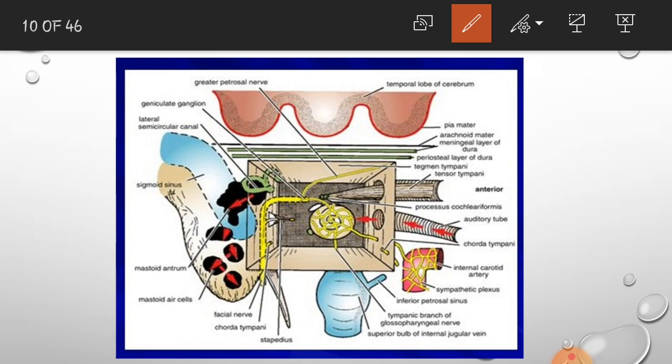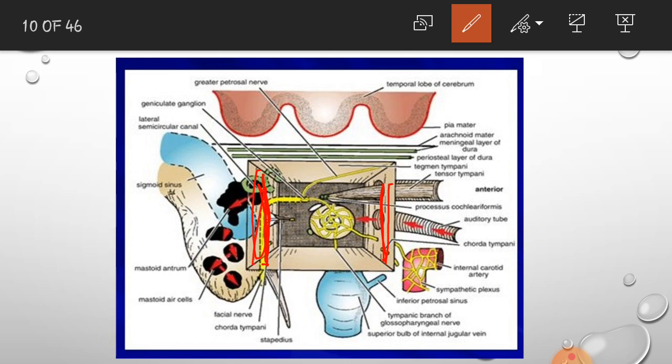Similarly, the posterior wall is named the mastoid wall because of the presence of the mastoid process at the back. So anterior is the carotid wall, posterior is the mastoid wall.